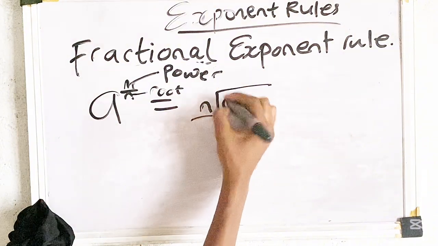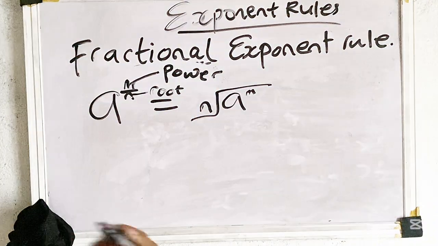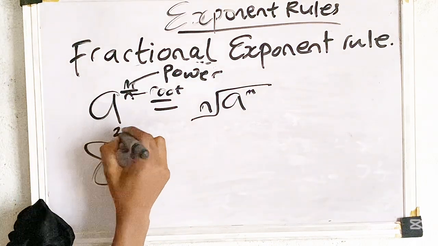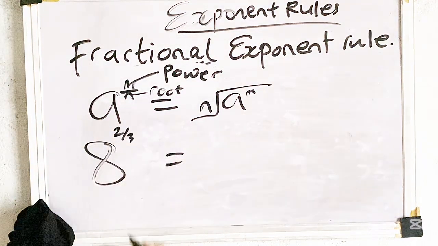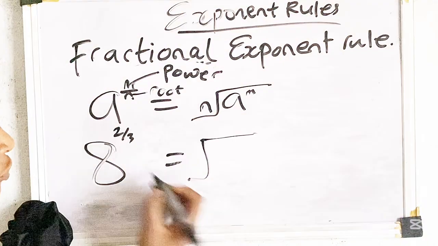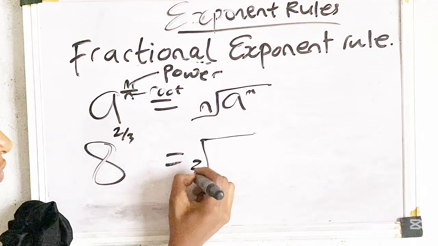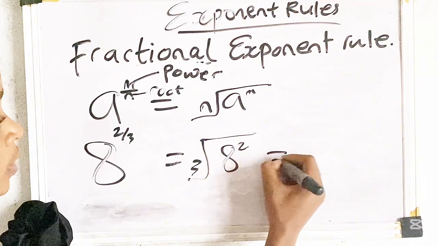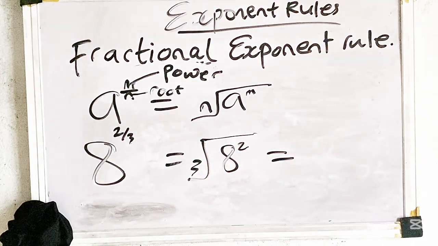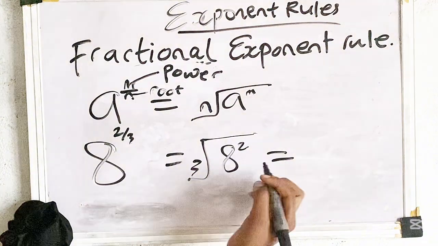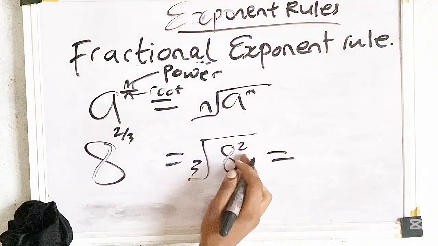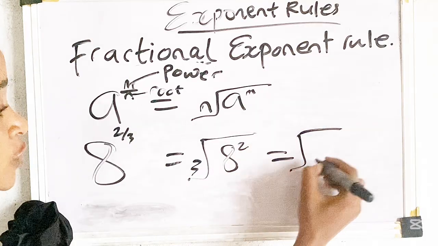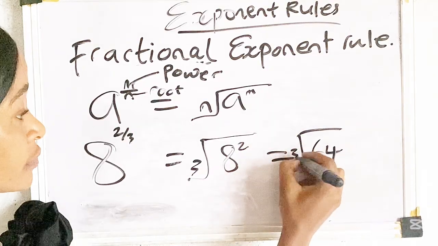Now, a question like 8 raised to the power of 2 over 3. What is the root? Remember, it's 3. What is the power? The power is 2. We can solve this in 2 ways. So 8 times 8, let's solve the inner one. 8 times 8 will give us 64.